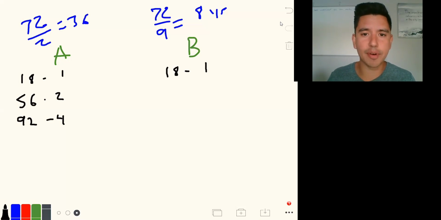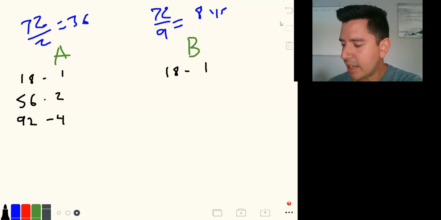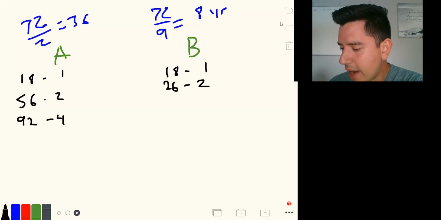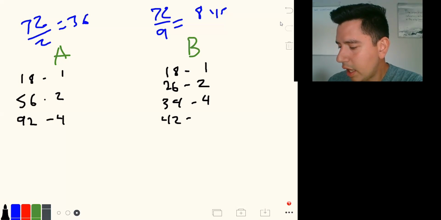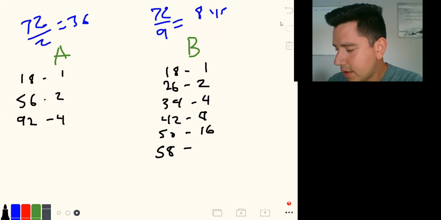So if they're averaging 9%, their human capital is doubling every 8 years. So as we can see, at 26, they will have 2, and then 34, it'd be 4, and then 42, it'd be 8, and then 50, it'd be 16. At 58, it would be 32. 64, it would be 64.